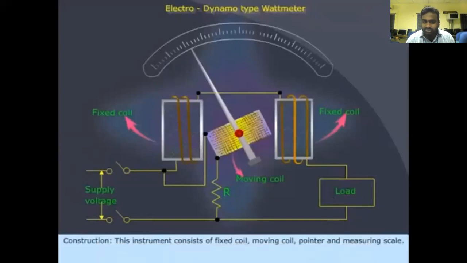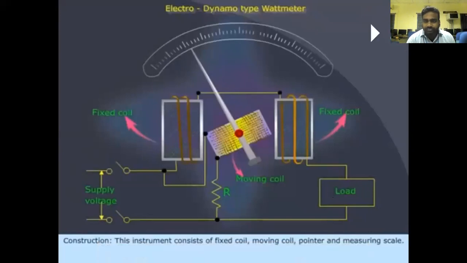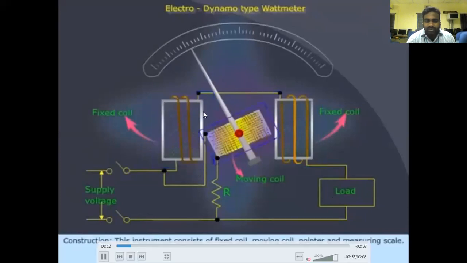This is about the construction. The pointer is connected to the moving coil, pivoted with the help of a jewel bearing. The red portion is the jewel bearing. This is our calibrated measuring scale.